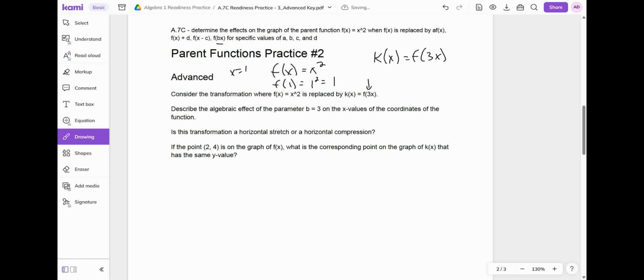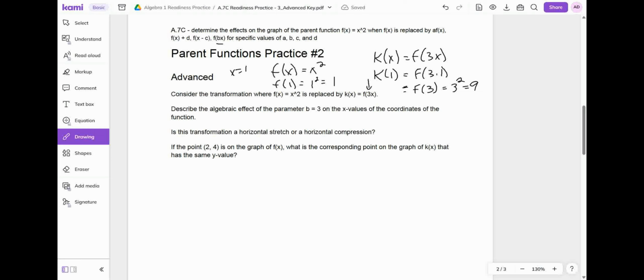So let's say k of 1 equals f of 3 times 1, and we end up having to square it, so that's going to be f of 3. And if I put 3 into f of x, it ends up being 3 squared, which ends up being 9. So if I stick in a 1, I'm going to get a 9.